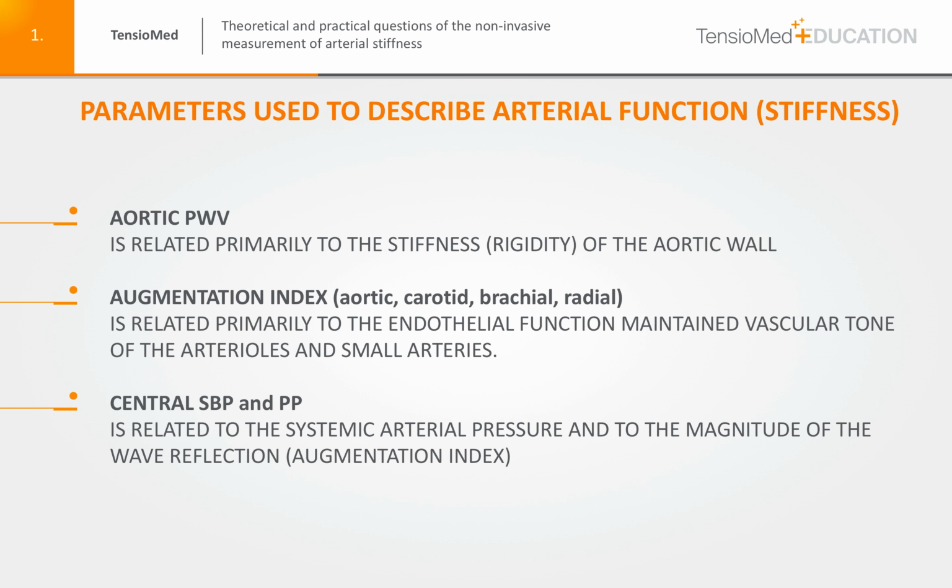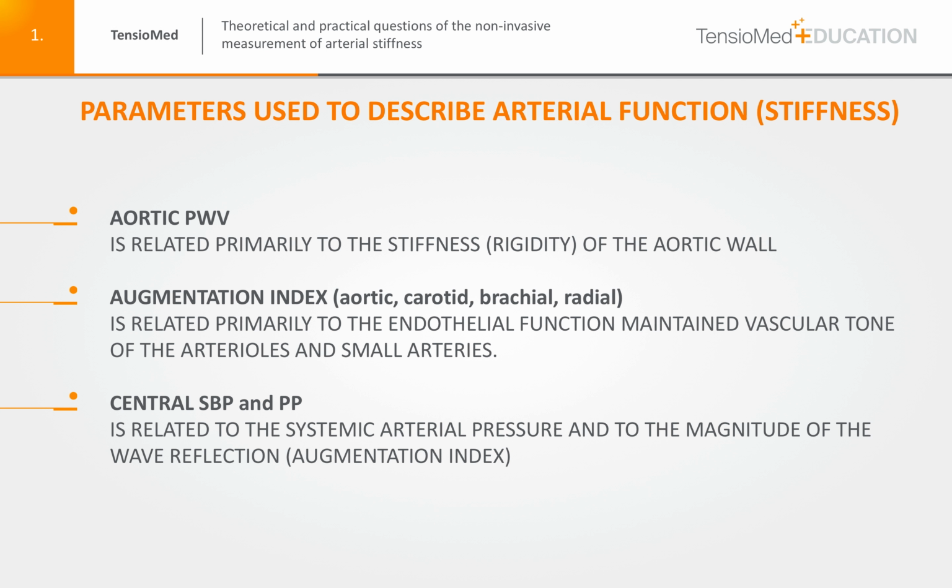It's not directly related to the aortic wall characteristics. The aortic augmentation index is mainly related to the endothelial function, maintained vascular resistance, vascular tone of the arterioles and small arteries.